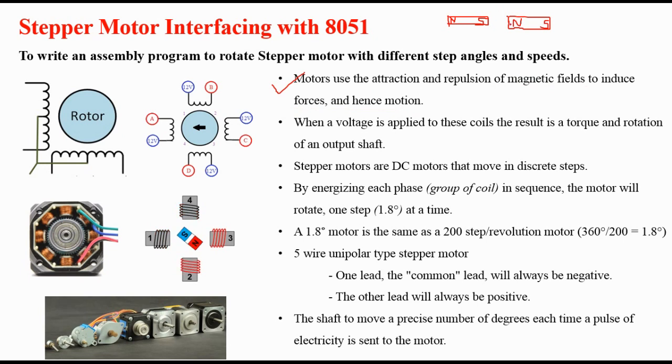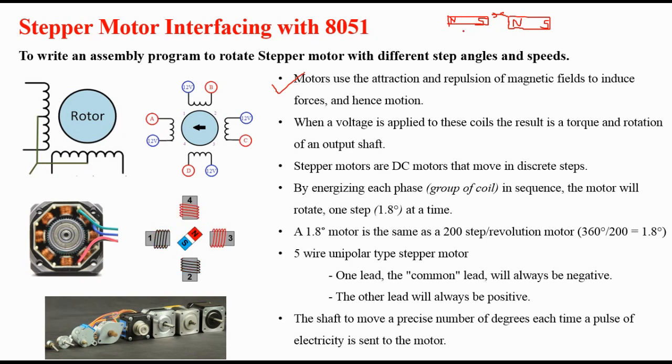Now if you keep the two bar magnets such that the S pole of one is near the N pole of the other, then they will get attracted to each other. Here we have taken the example of a bar magnet, meaning a permanent magnet.